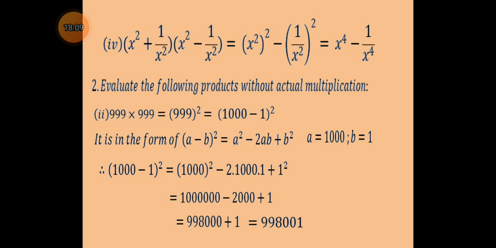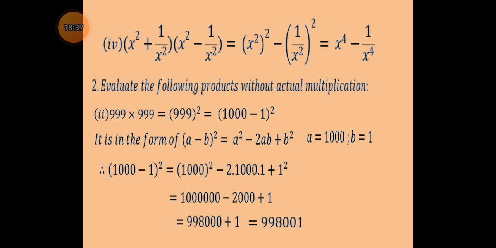Now it is in which form? A minus b whole square. A is equal to 1000 and b is equal to 1. So a minus b whole square means a square minus 2ab plus b square. 1000 square minus 2 into first term into second term, 2 into 1000 into 1. Here dot represents into.